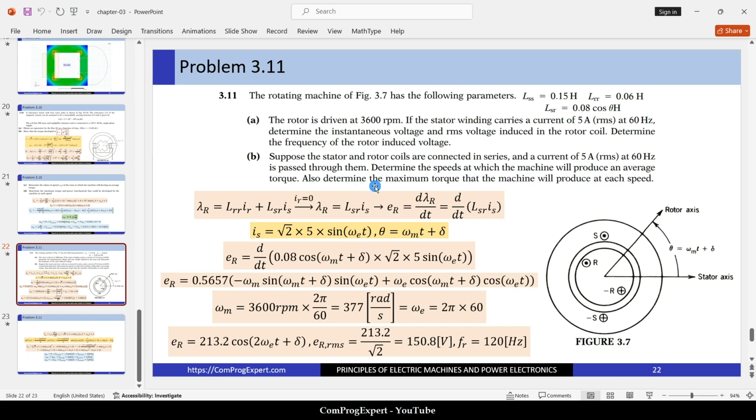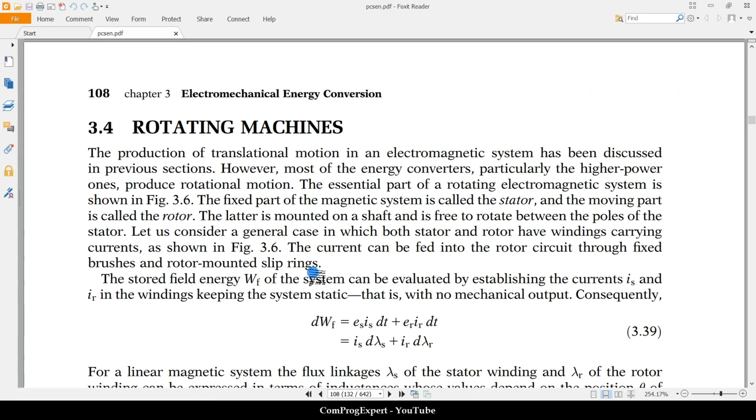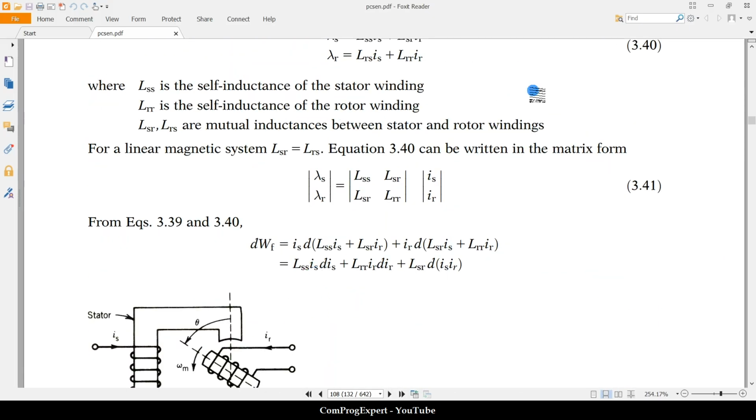How can we calculate? We know that the flux linkage to the rotor coil is LRR IR plus LSR IS, the flux linkage due to the self-inductance plus the flux linkage due to the mutual inductance. We had this equation here in this part.